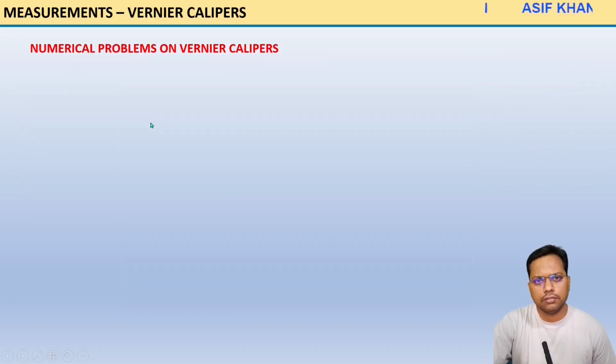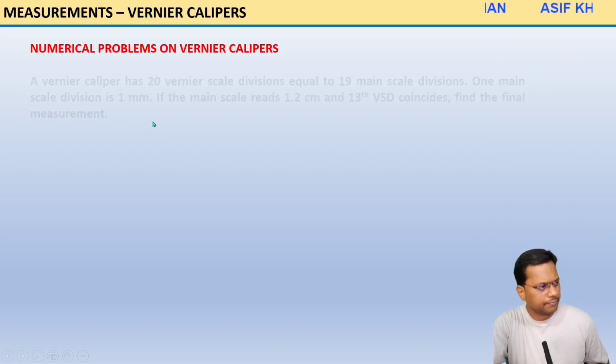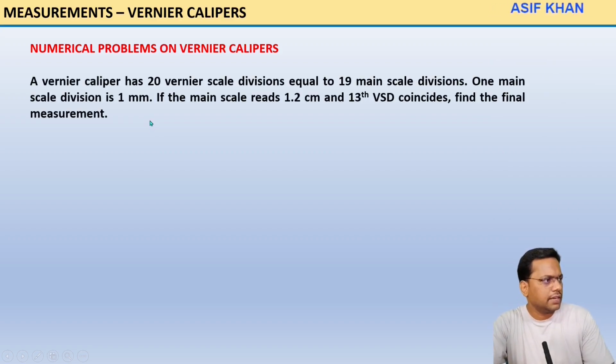Now we solve a few problems from previous JEE papers. Let us go to the first question. A Vernier caliper has 20 vernier scale divisions equal to 19 main scale divisions. One main scale division is 1 mm. If the main scale reads 1.2 centimeters and the 13th VSD coincides, find the final measurement.